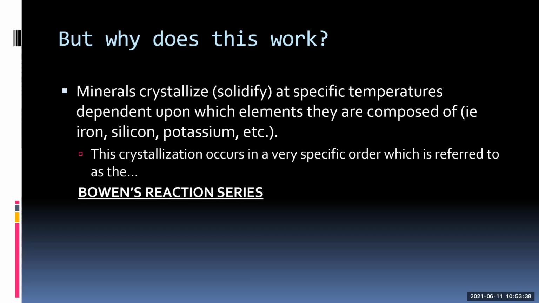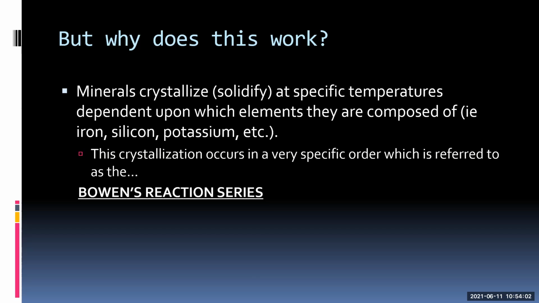And really interestingly, this is all a chemistry and physics experiment that's going on here that is predictable and repeated over and over again. That is the crystallization sequence, the sequence in which these minerals will crystallize out of that molten mass.